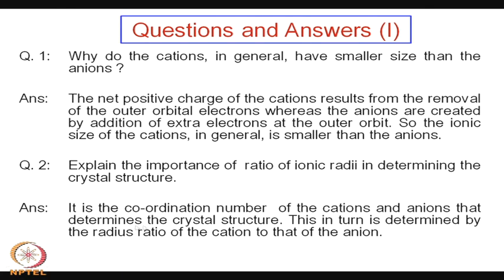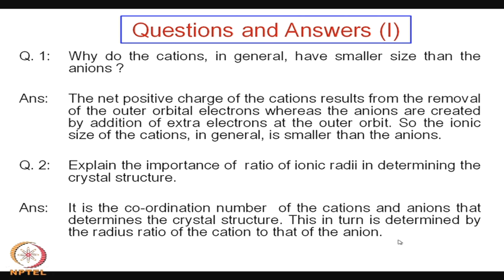So, it is the coordination number. It also determines the coordination number of the cations and the anions that determines the crystal structure, right. This in turn is determined by the radius ratio of the cation to that of the anion. Okay.